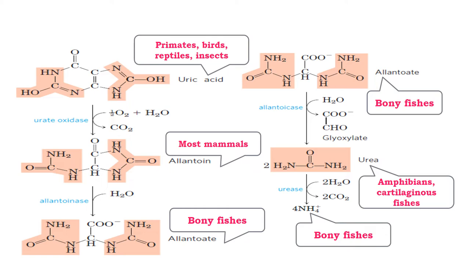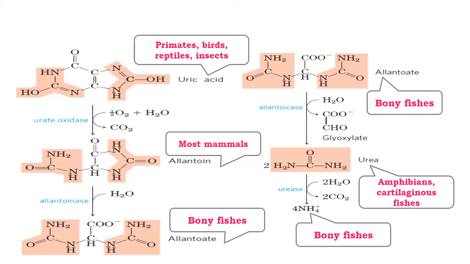So allantoin is broken down. See here in the uric acid, this bond is broken first. This is a binuclear cyclic form, and this is a mononuclear cyclic form. First of all, the bond between CO and NH2 is broken. In the second case, even this CN is broken.